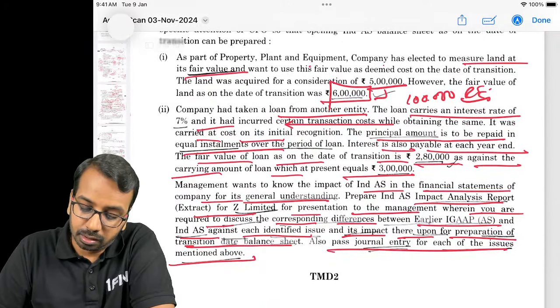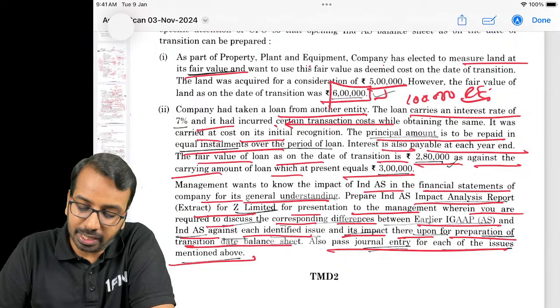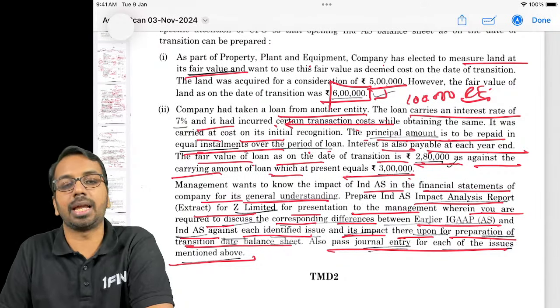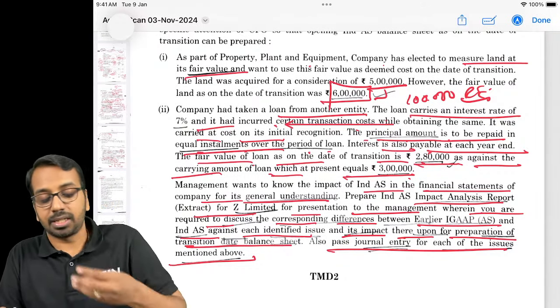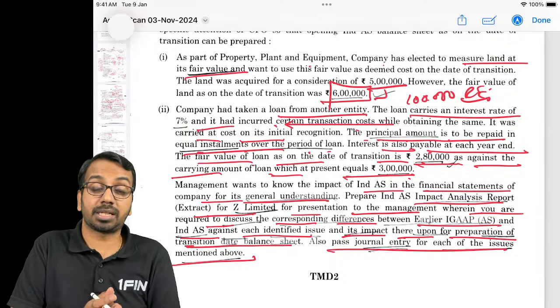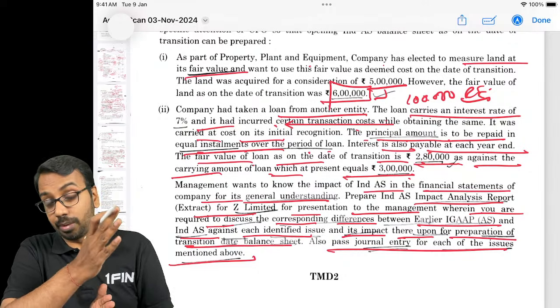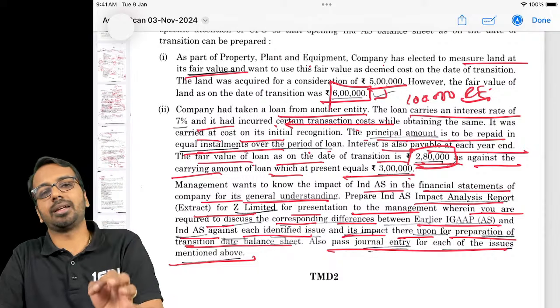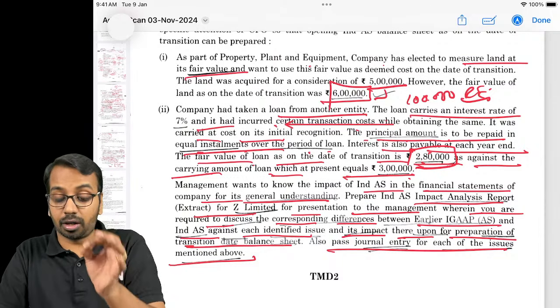Second, the loan carries transaction cost, the principal amount is to be repaid in equal installments over the period of the loan, interest is payable at year end, fair value is 2 lakh 80 as against the carrying amount of the loan, which is 3 lakhs. Now here, if the management finds it difficult to calculate the effective interest rate based amount by giving a retrospective effect, they can take the fair value on the date of transition and record the liability.